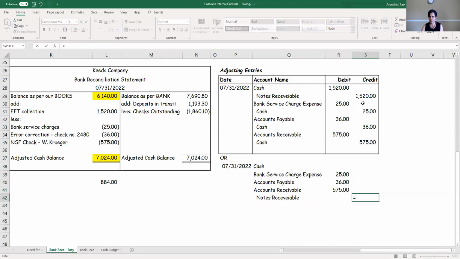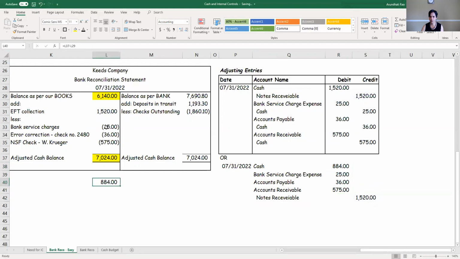Notes receivable is going to be credited, $15.20. And if I take the difference between the debits and the credits, I should arrive at that $8.84. That's the number I had over here. I told you was a difference.